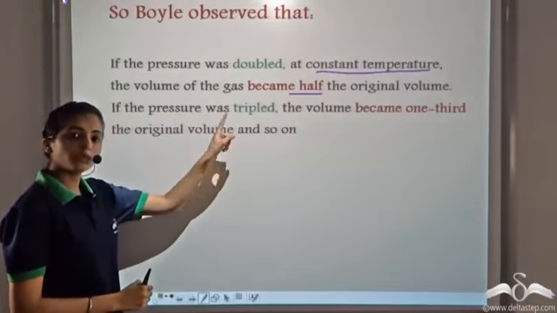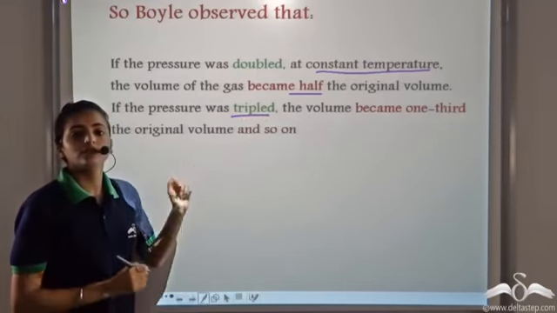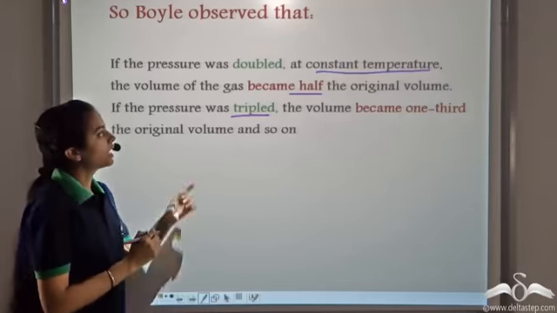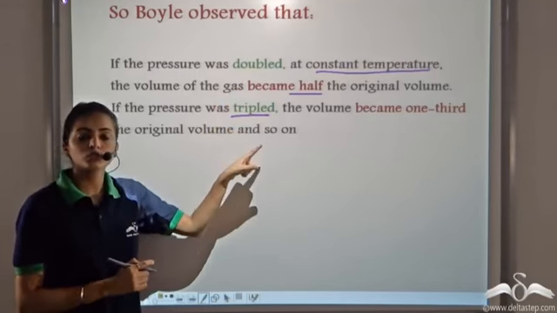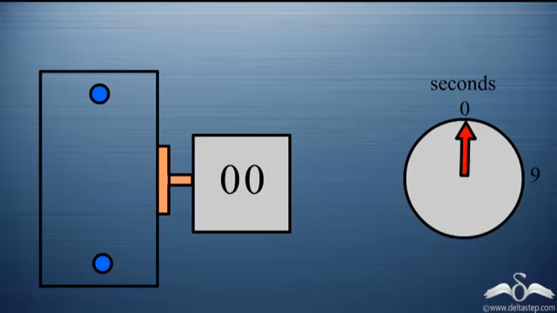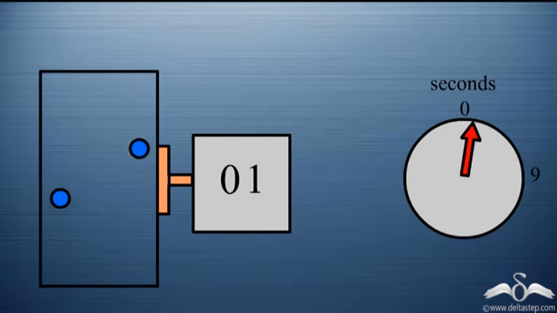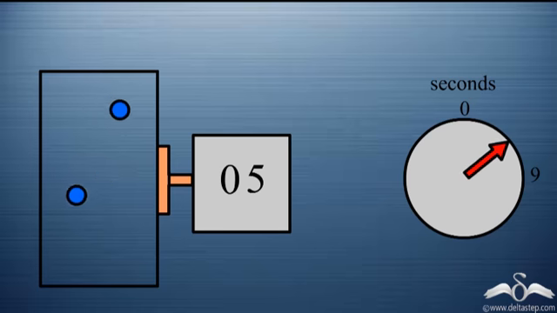And as the pressure was tripled, the volume became 1/3 the original volume. So as the pressure was doubled, volume became half. As the pressure was tripled, volume became 1/3. So based on this, as we have seen already from this experiment, that is a gas enclosed in a container.